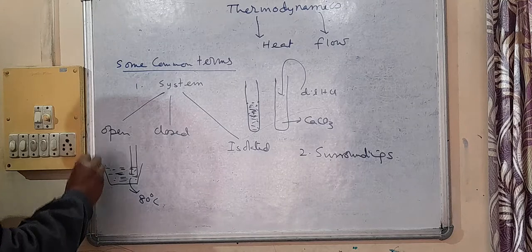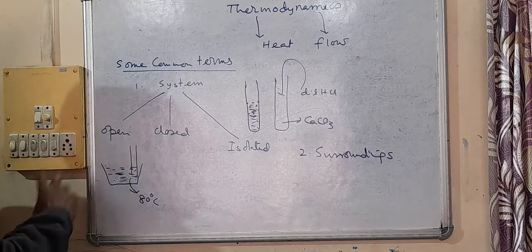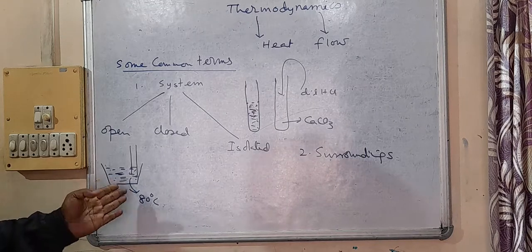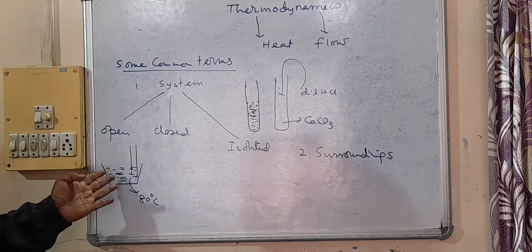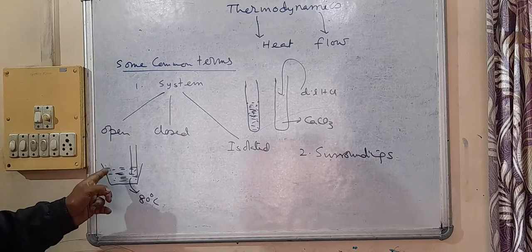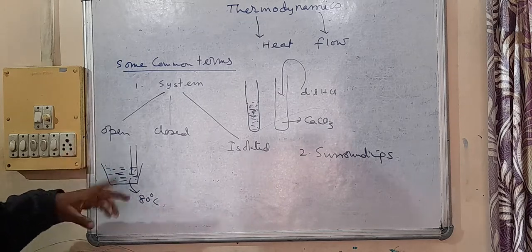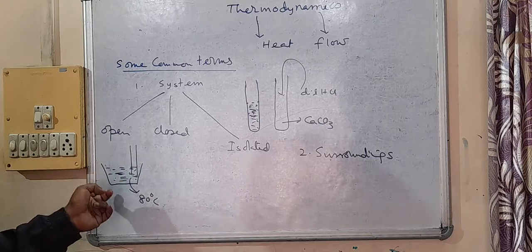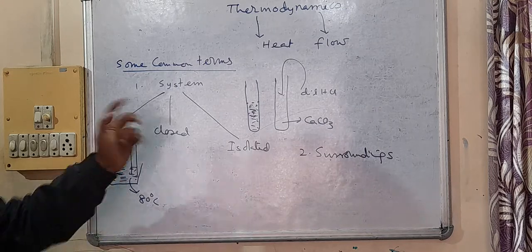If energy and mass both get exchanged with the surrounding, then it is called open system. If this liquid is at 80 degrees Celsius, after some time its temperature will be less. Why is its temperature less? Because it has transferred heat to the surroundings.